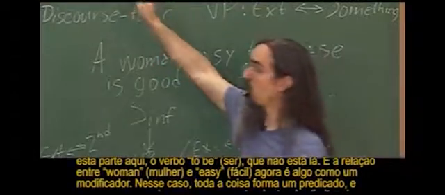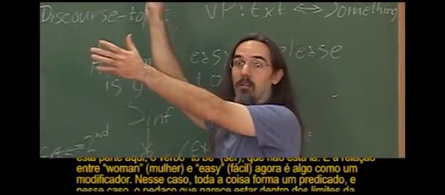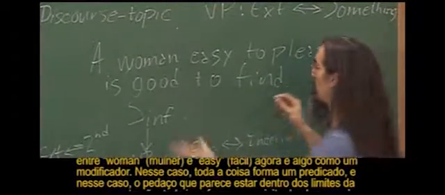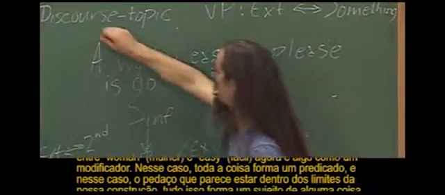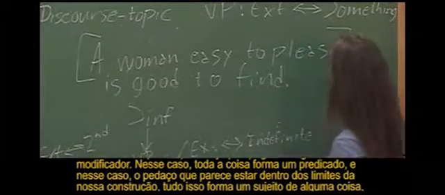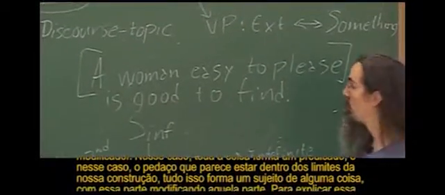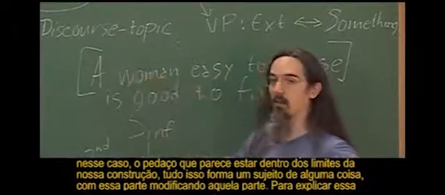So in that case, the whole thing forms a predication. In this case, the chunk that seems to be within the bounds of our construction, the whole thing forms a subject of some, with this part modifying that part.